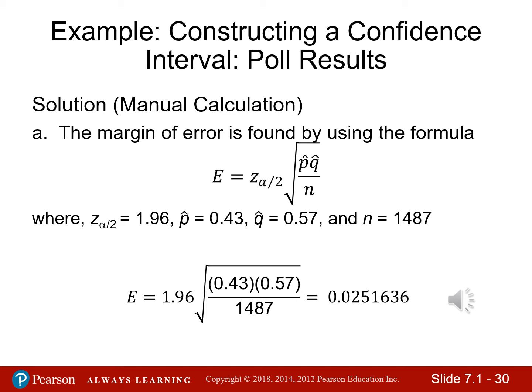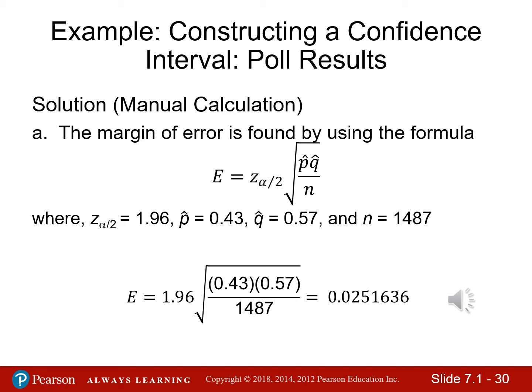First, the margin of error is found by using the formula E equals z of alpha over 2 times the square root of p hat times q hat over n, where z of alpha over 2 is our critical value. In this case, it's 1.96. p hat is our sample proportion of 0.43. q hat is the sample proportion of failures, 0.57, and n is our sample size of 1,487.